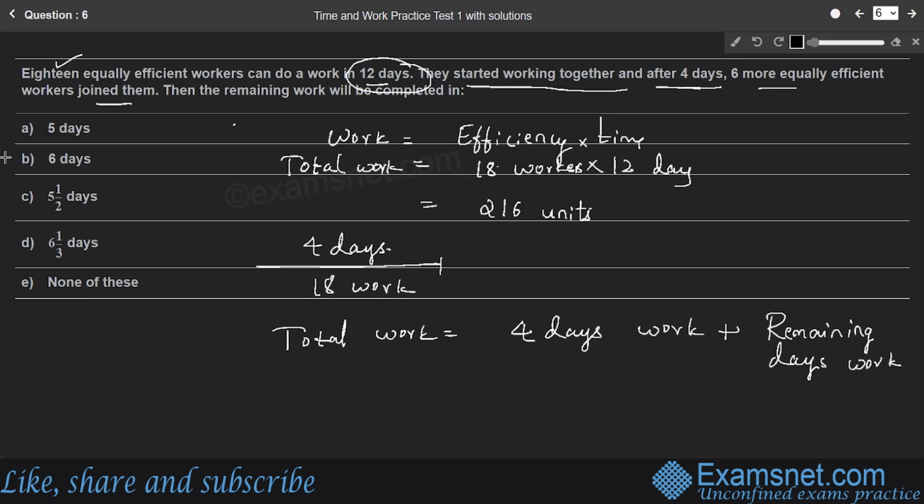We need to find these remaining days. After 4 days, 6 more equally efficient persons join them, then in how many days will the remaining work be completed? That we need to find.